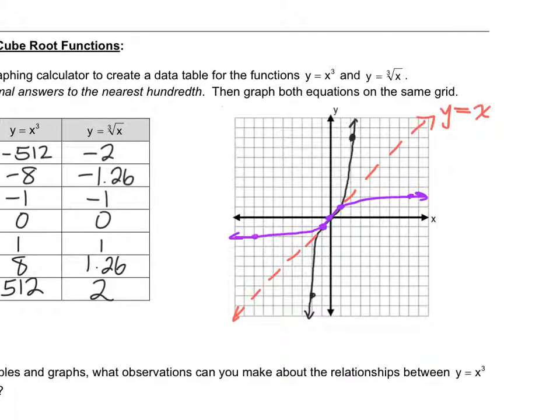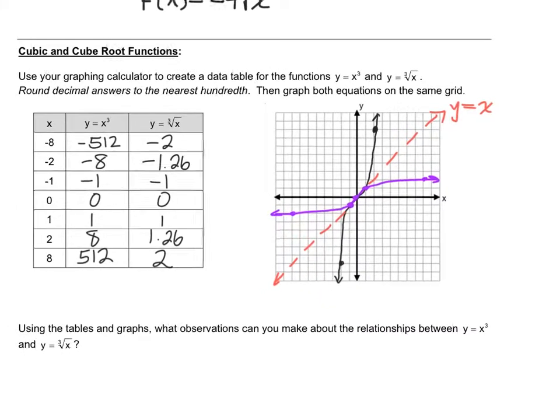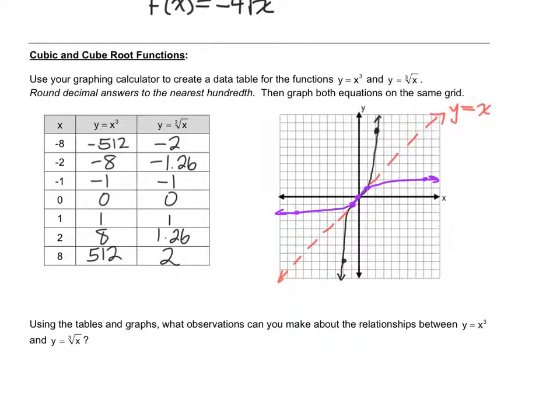So you either turn your page or turn your head, and you'll see that if you were to fold this paper along this line, these two graphs would match up. That's a quick visual way of determining whether two functions are inverses or not. And that would work with what we did yesterday too, except we didn't have the entire sideways parabola because it wouldn't be a function. Here you can have the entire sideways cubic function because it would still pass the vertical line test for all of the x values.